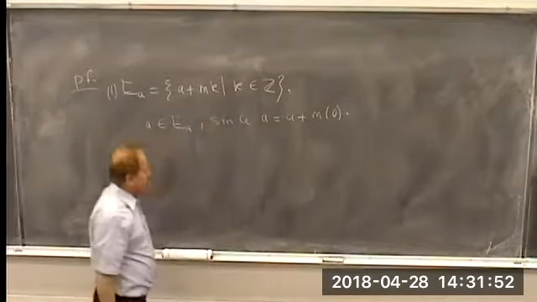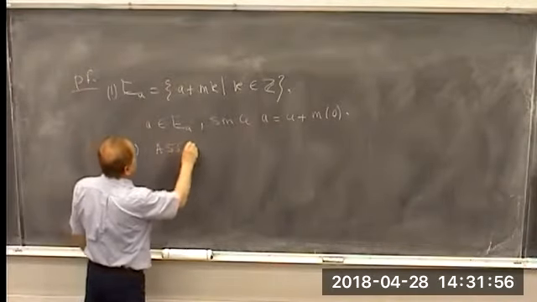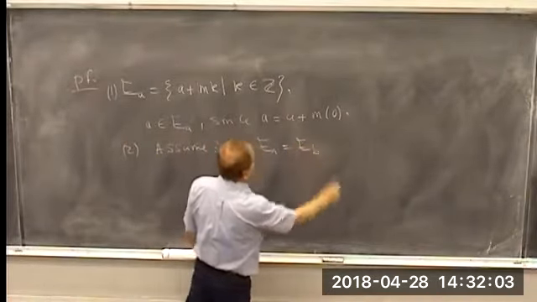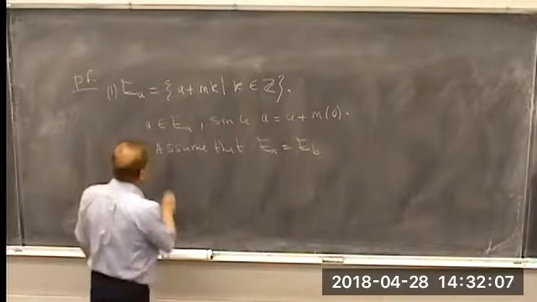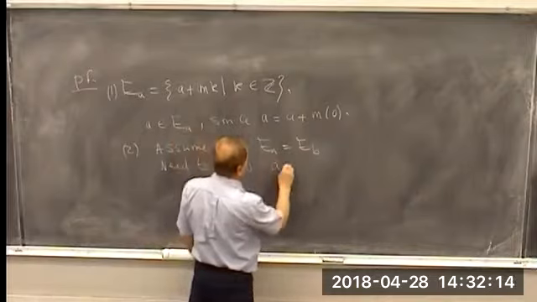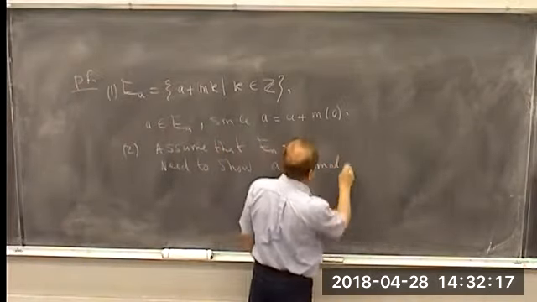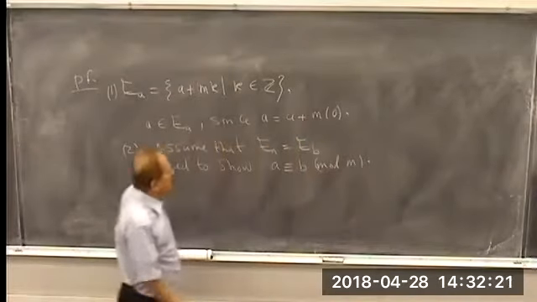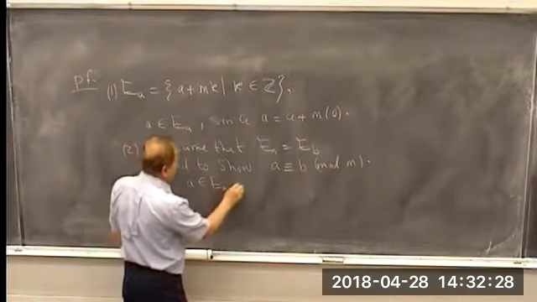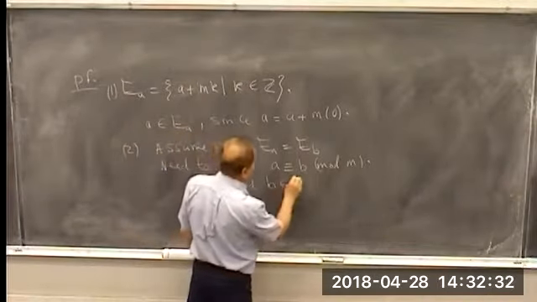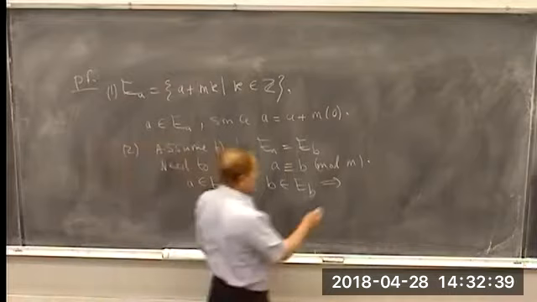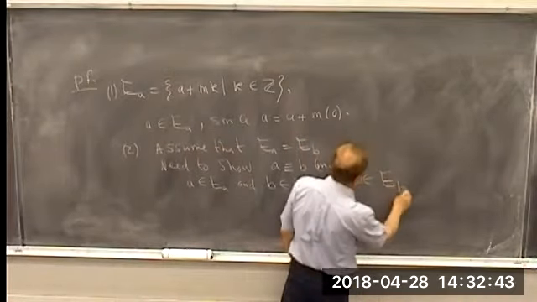All right, let's look at the second one. It's an if and only if. So let's assume that E sub A is equal to E sub B, and I need to show that A is congruent to B mod M. Well, from part one, I know that A belongs to E sub A, and B belongs to E sub B. And since these are equal, then I can say A belongs to E sub B. Well, what does this mean?